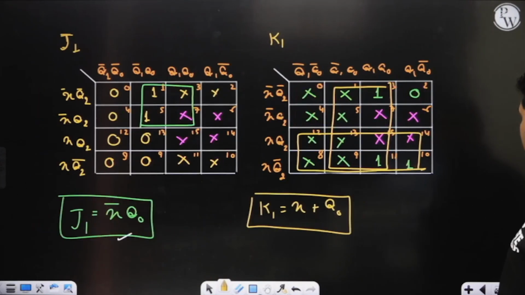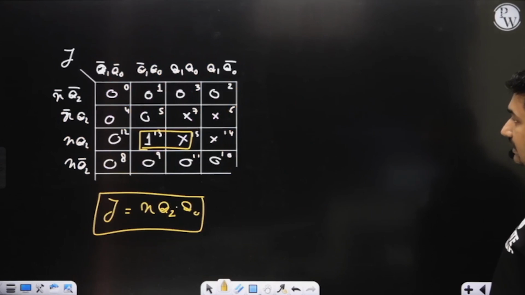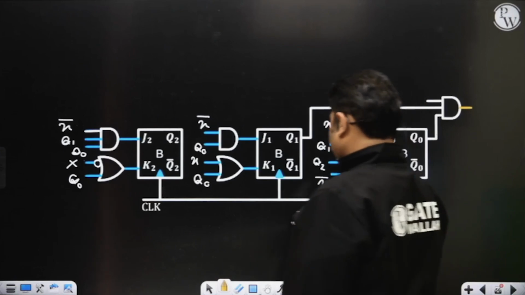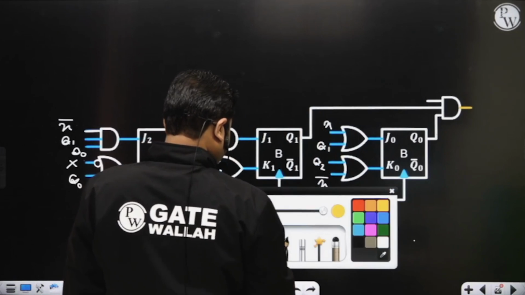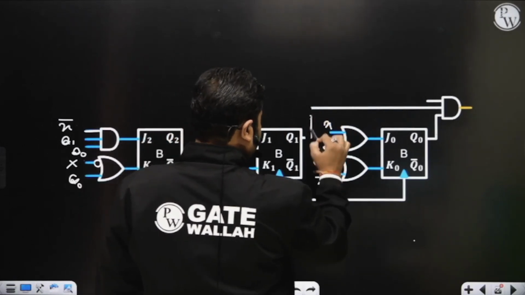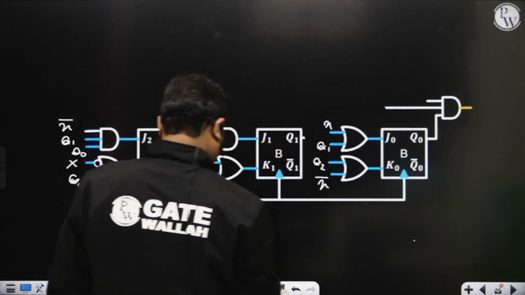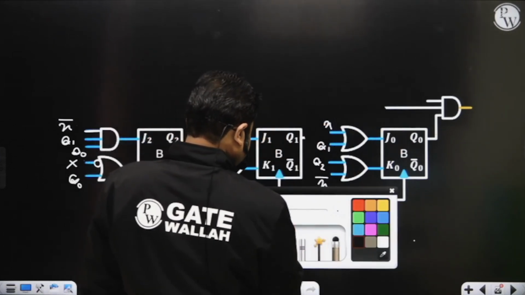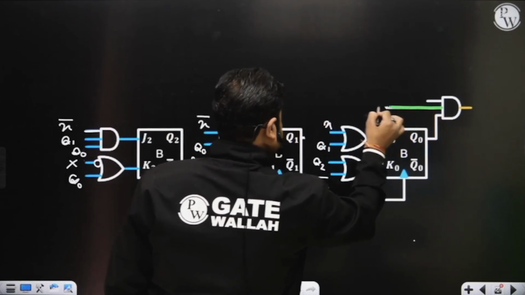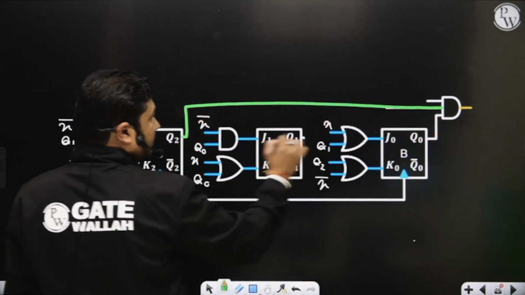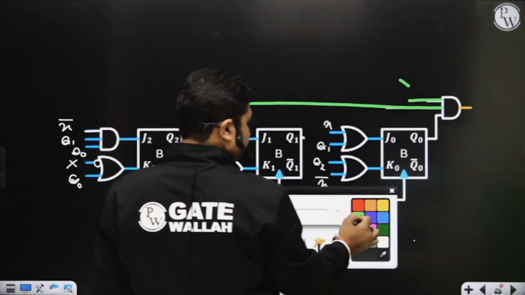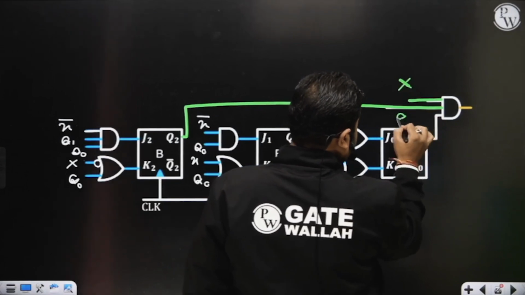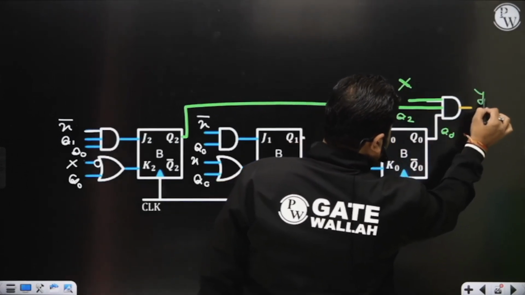So x, q2 and q0, x q2 q0. This is x q2 q0, your output Y.